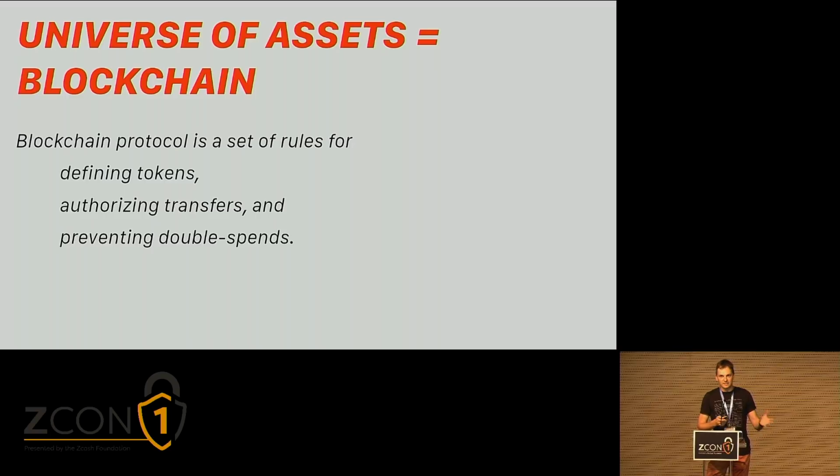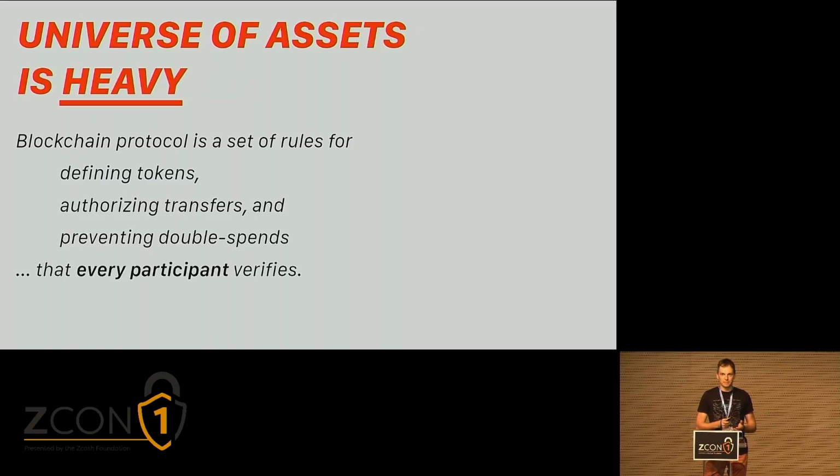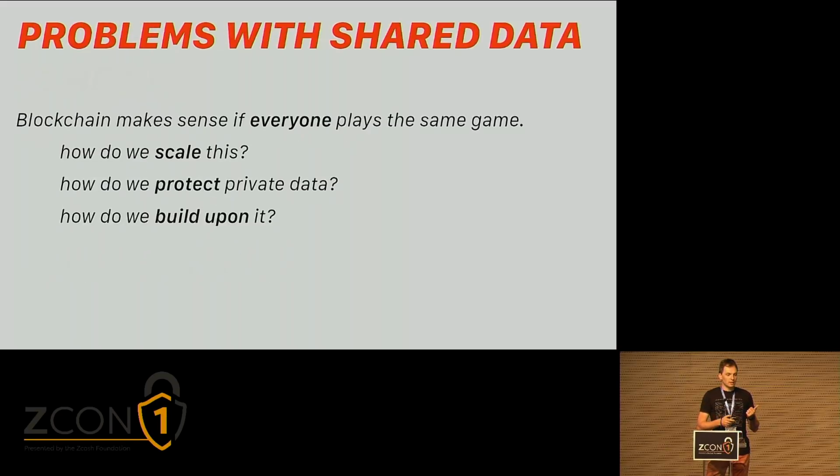This sounds simple, although it's a pretty heavy task because every participant in this game has to verify these rules. And the value of this network is proportional, or better than proportional, to the number of users. So when you have a lot of users, everyone has to play the game, everyone has to verify this, so naturally you have three technical challenges.